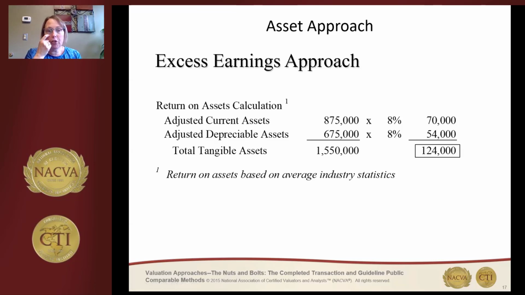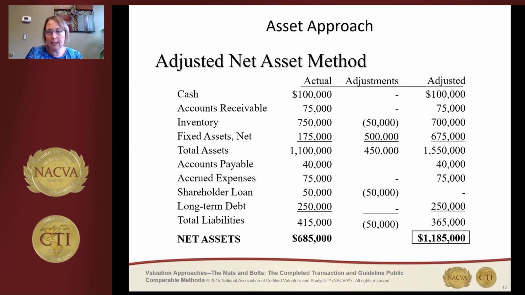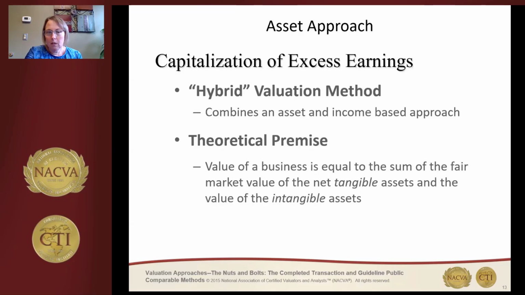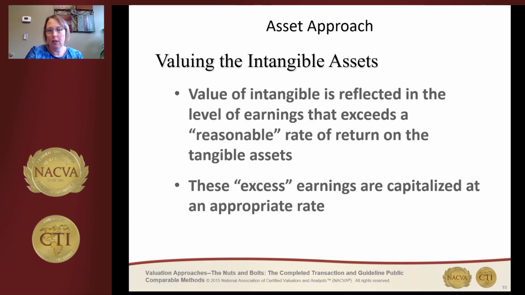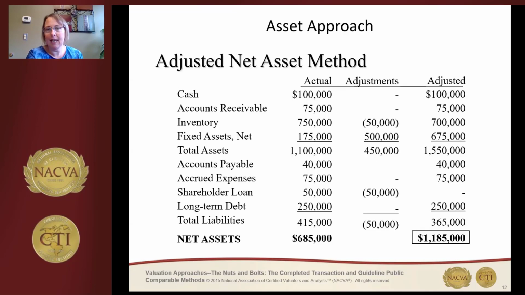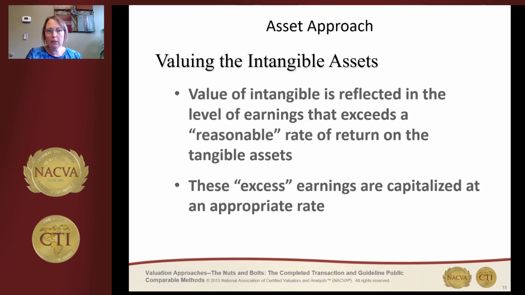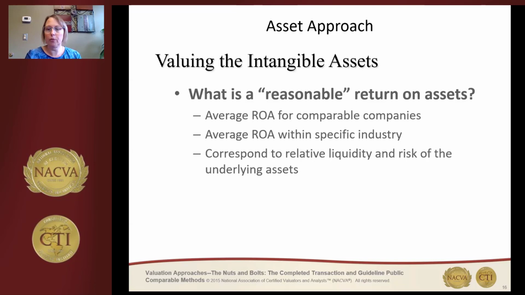And that return on assets, as noted in this footnote, comes from average industry statistics. So that's where we got that number from. If we go back a few slides, you see the 1,550,000 here, adjusted current assets and depreciable. If we go back to our adjusted net asset method, that's our total assets right there, 1,550,000. So you can see how the example flows through.